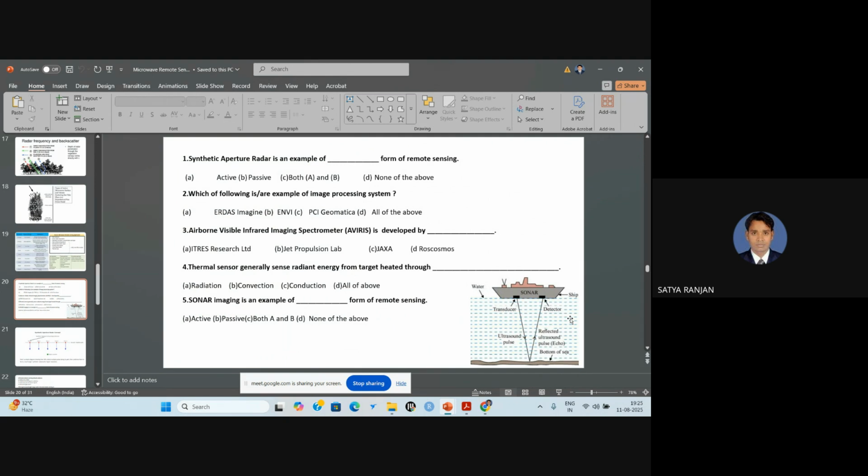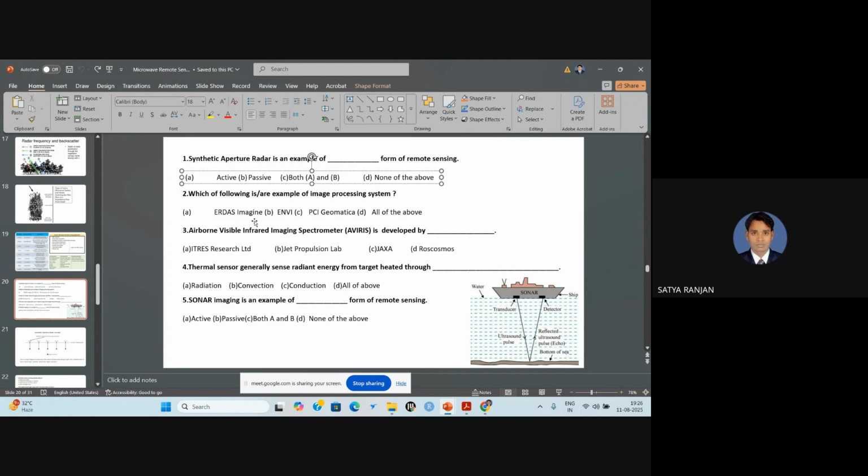Synthetic aperture radar is an example of which remote sensing? Generally, synthetic aperture radar is active remote sensing. Then, which is an example of an image processing system?